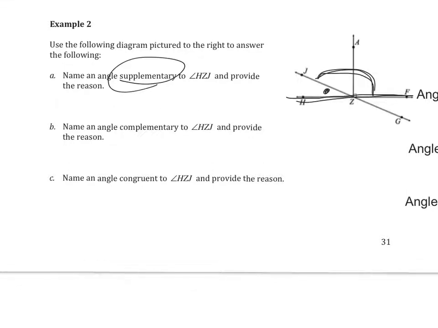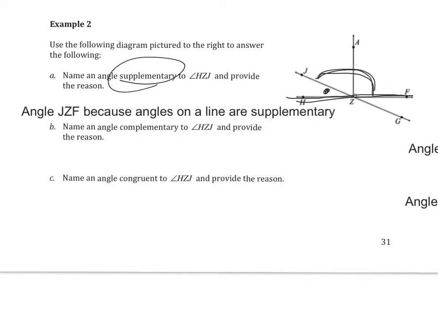Now there are definitely two answers to this question, but the one that I chose is angle JZF because angles on a line are supplementary. Can you think of another angle that this actually works for? What other angle is supplementary?